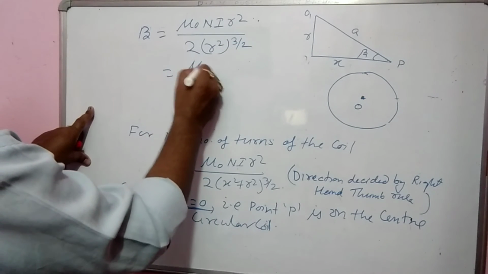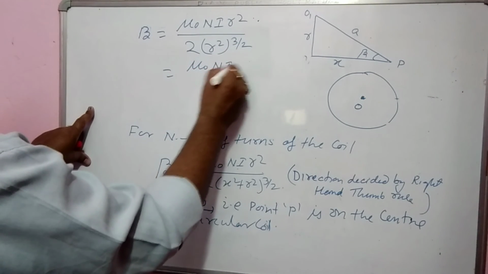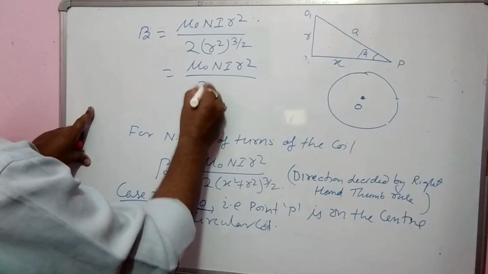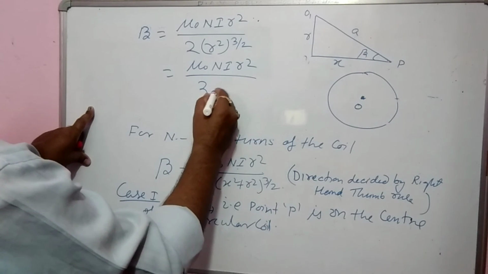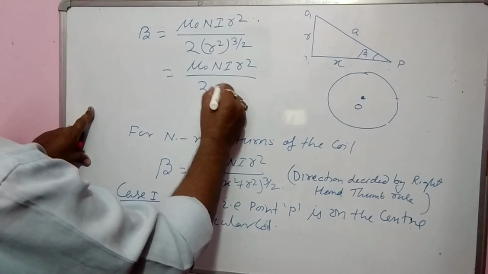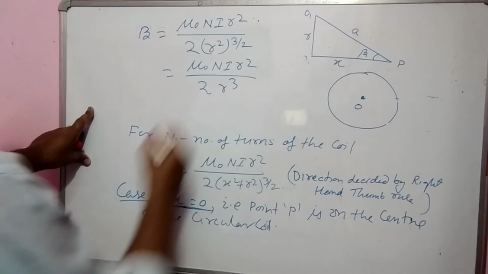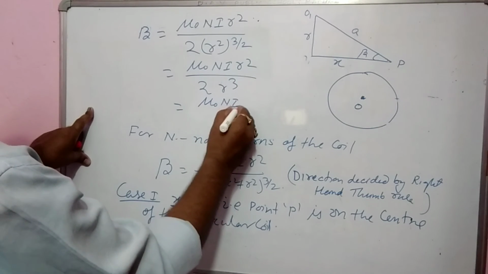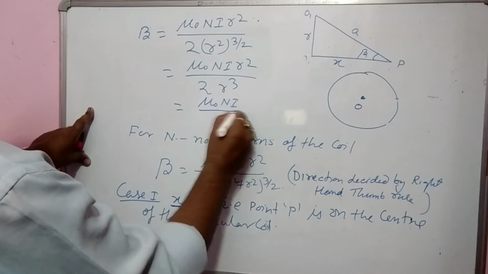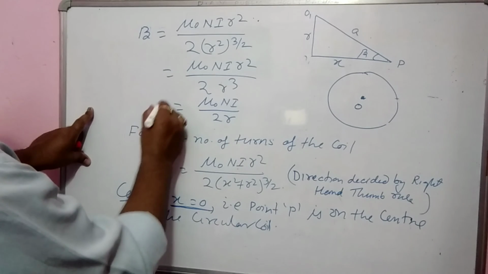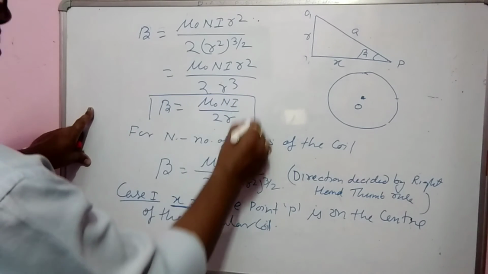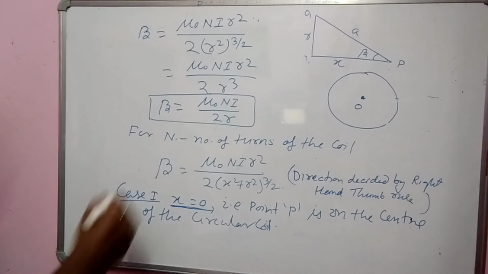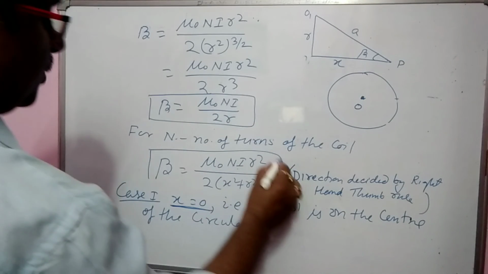After solving, we get mu naught n I r square divided by 2 r cube, so simply mu naught n I by 2r. This is the expression for the magnetic field intensity at the center of the circular coil.